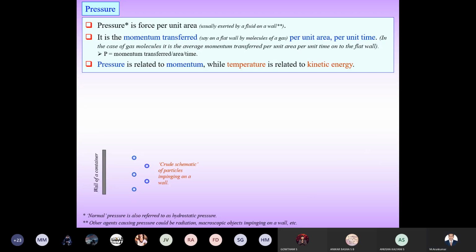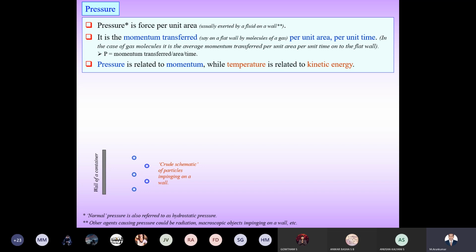And another property, pressure. Pressure is force per unit area in general, usually exerted by a field on a wall. So you know what pressure is, you may have studied it in your physics. Pressure is force per unit area.